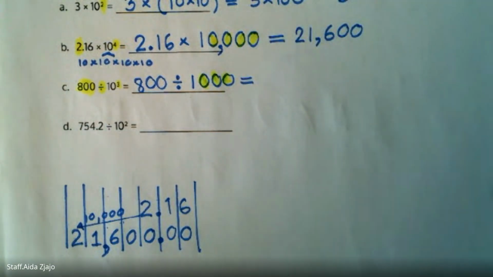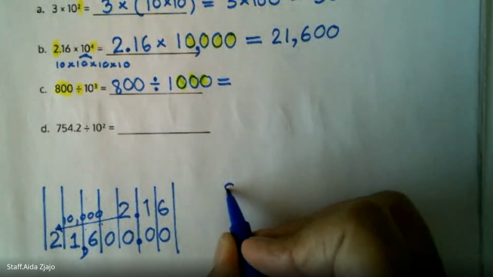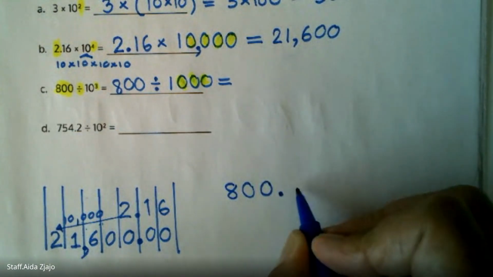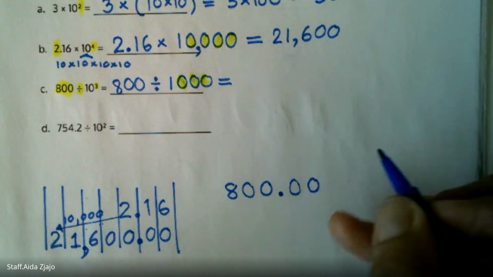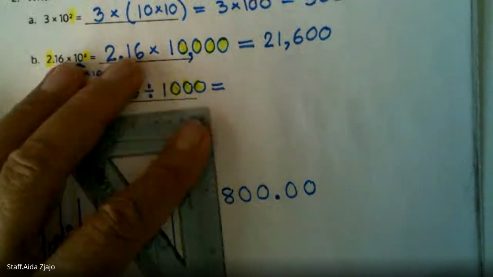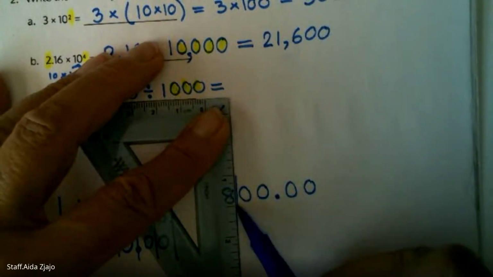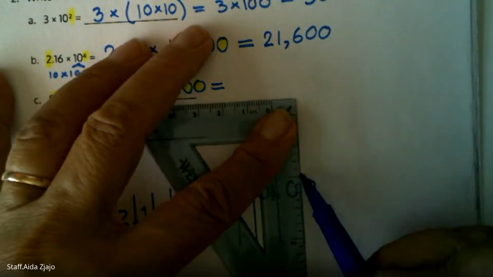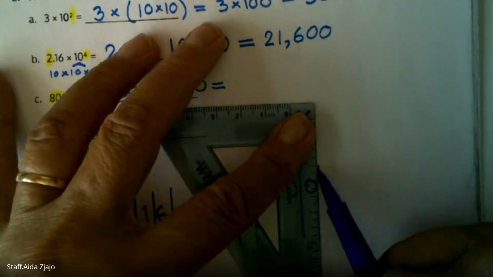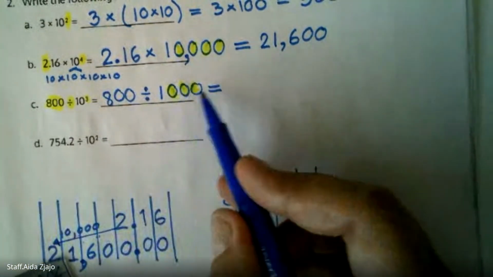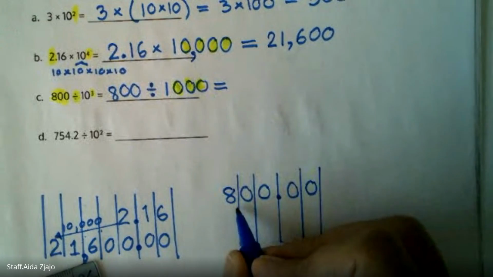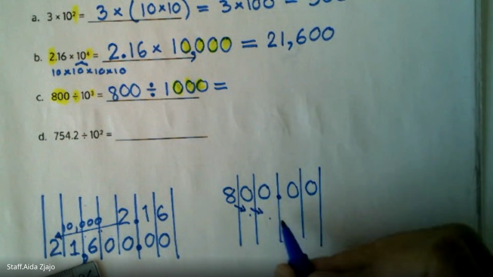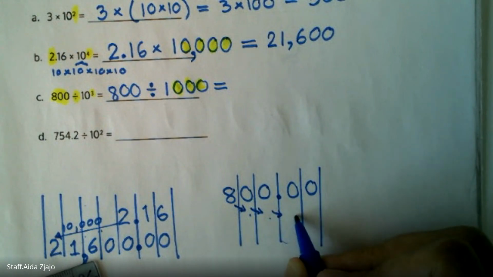So if I make a chart, this is 800, but I'm going to create a decimal for 800, and I'm going to draw the place value. So 8 is going to move 3 times. It's 8 divided by 10 right here, and then divide by 10 right here, and divide by 10 would be right here.